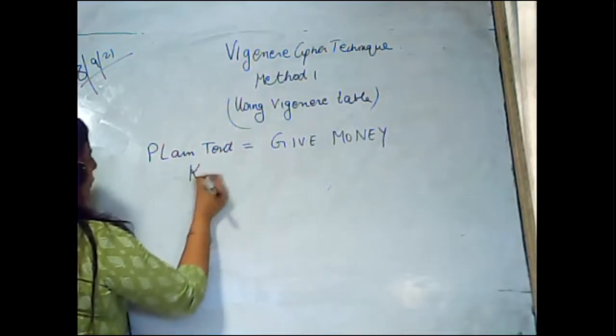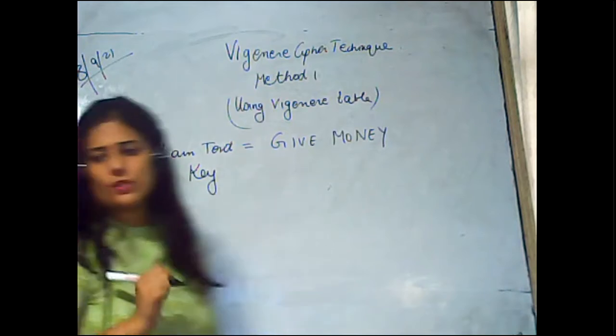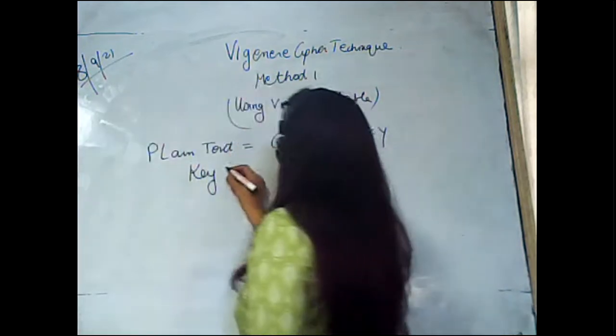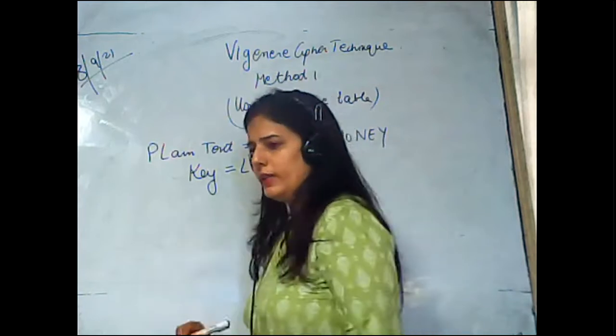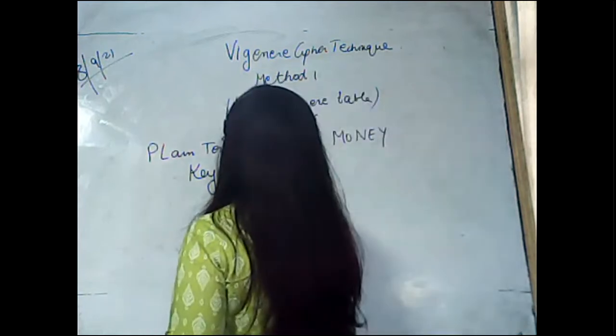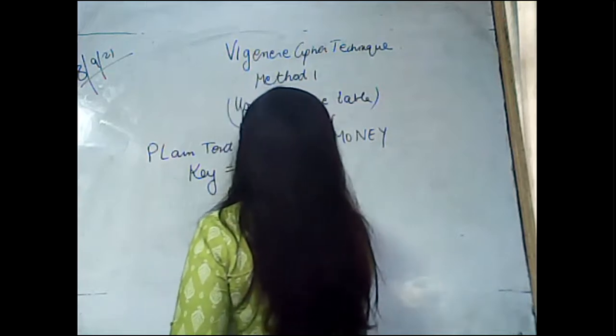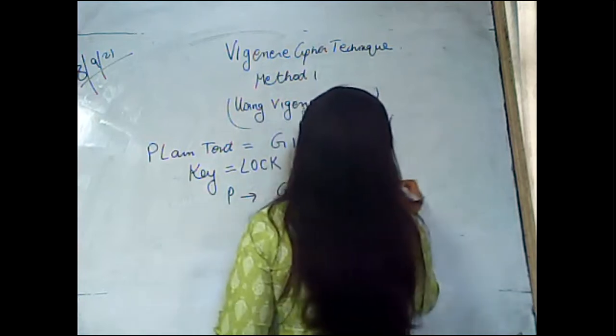Another thing we require is a key. Let's suppose my key is "lock". So what is the first step? I will write the plain text like this: givemoney.